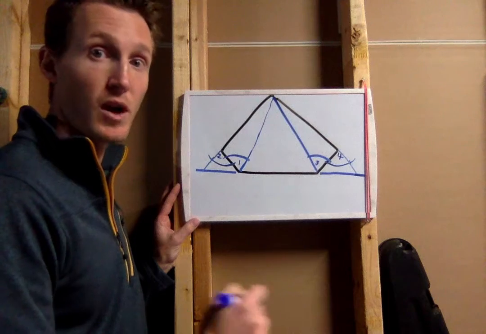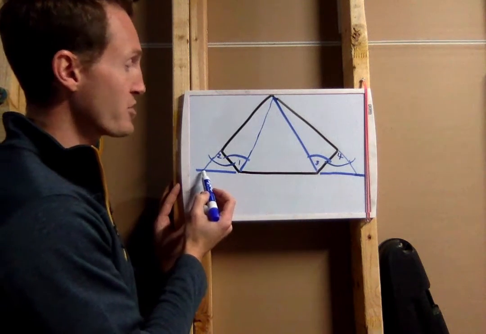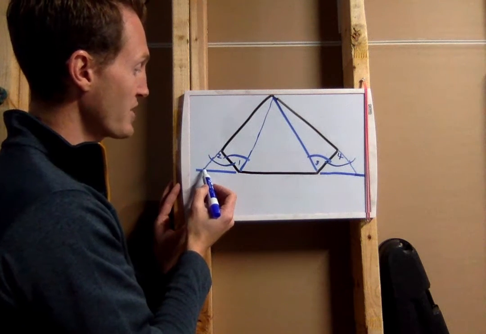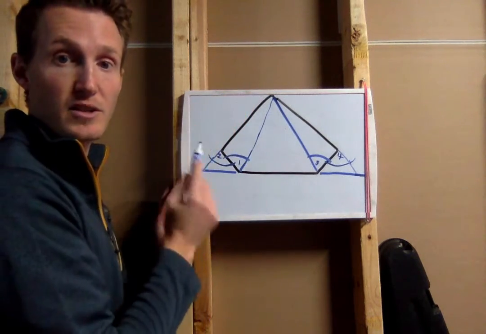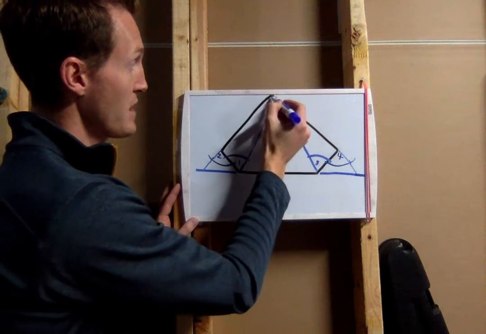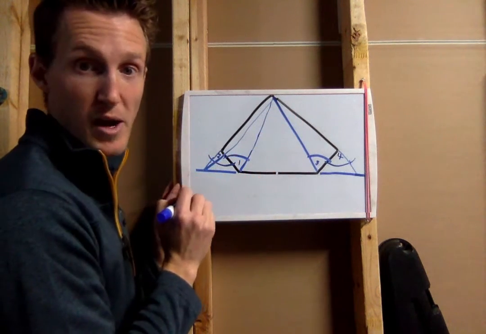Okay, all right, we're almost done. All you have to do next is take these little points that you've created down here where they crossed the lines you extended, and take a straight edge and connect that spot back up to the vertex. So we just have to draw a line that goes from here up to the vertex. So I'm going to draw that in. Not very straight, my apologies.